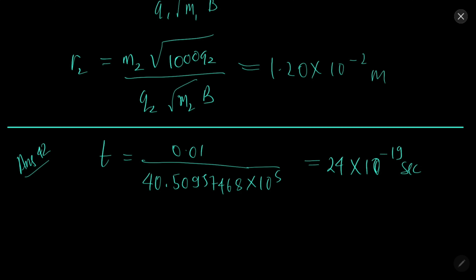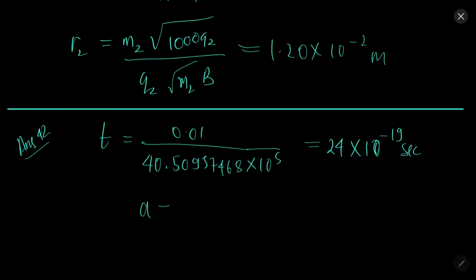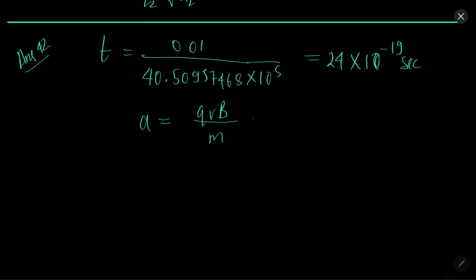Time taken to cross the field, and acceleration will be qvB by m, which will come 5193.53 into 10 to the power 8 meters per second square.